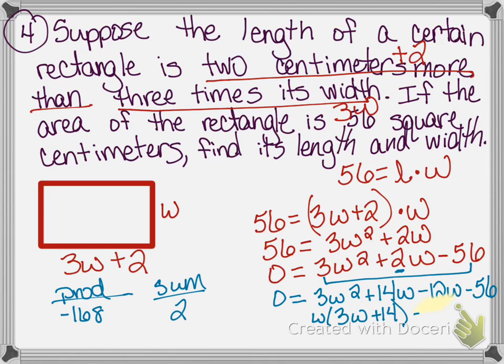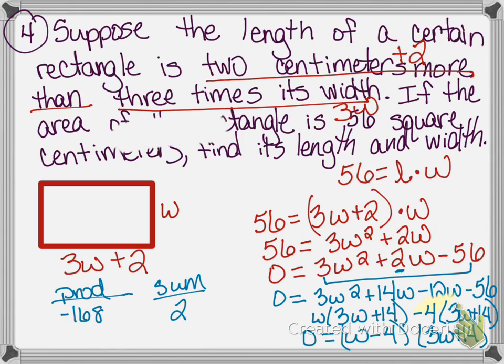So I'm taking out a negative 4, and you're left with 3w plus 14. So when I factor this, I've got w minus 4 and 3w plus 14. Okay?